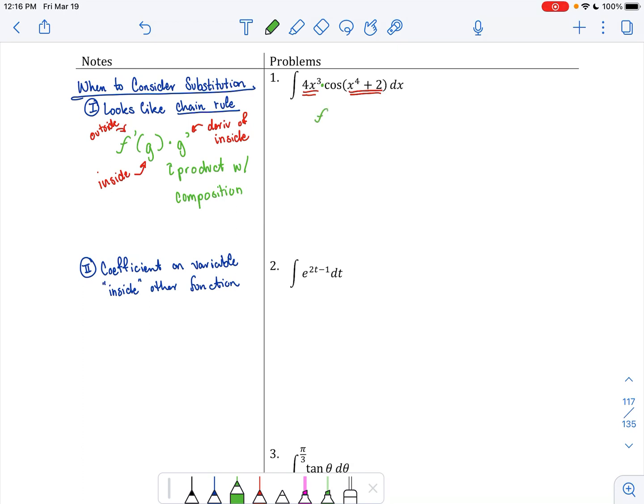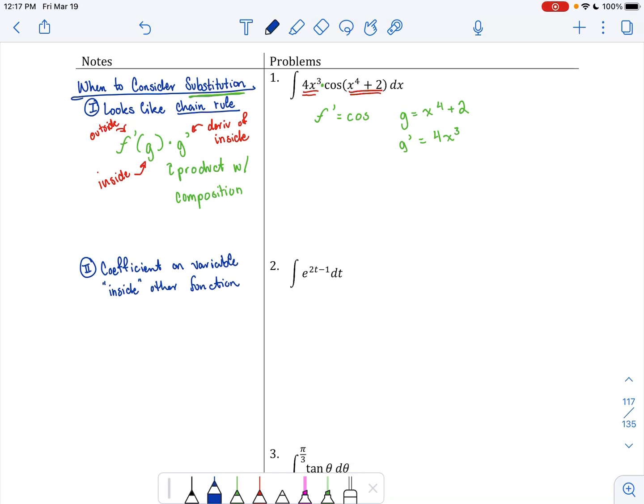So we can say f prime is equal to cosine, g is equal to then x to the 4th plus 2, g prime is 4x to the 3rd. And you can back solve completely from there, but as it says in the title, substitution is a way to not have to do so much back solving and then figuring out what f is and doing the reverse engineering.